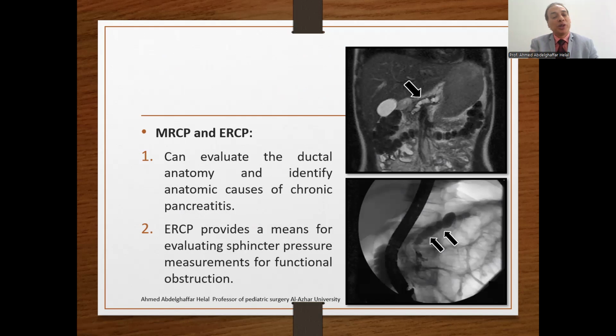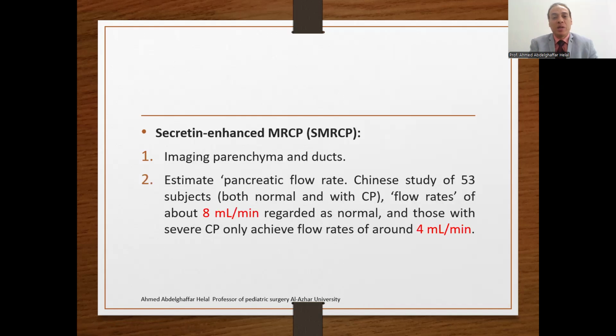So it's very important to evaluate the ductal anatomy in all cases of chronic pancreatitis to show if there is a dilated, obstructed duct. This is called ductal hypertension and they need a drainage procedure to drain this obstructed and dilated duct. So MRCP and ERCP are both helpful in the diagnosis and management.